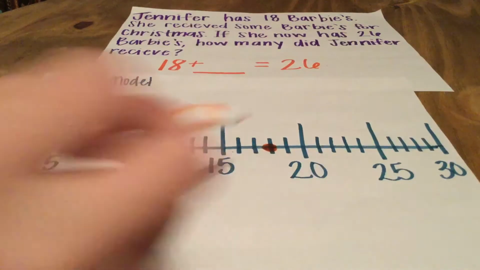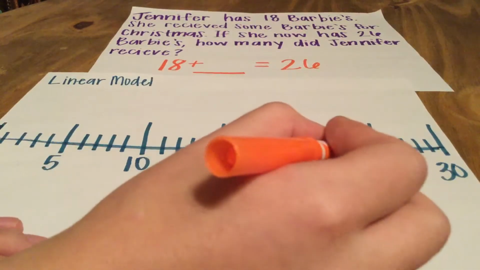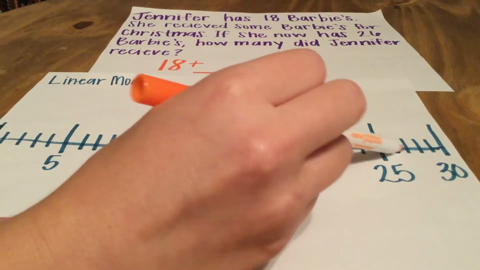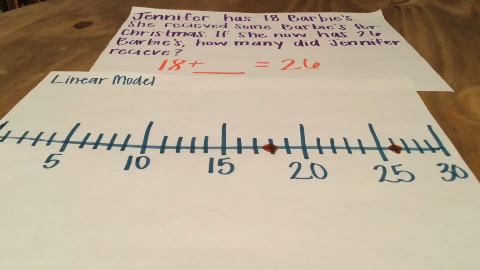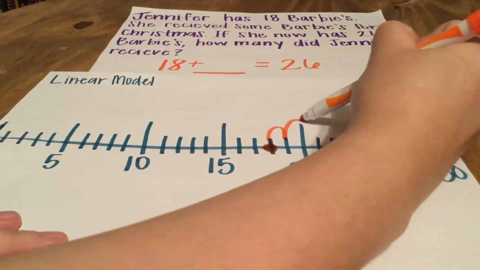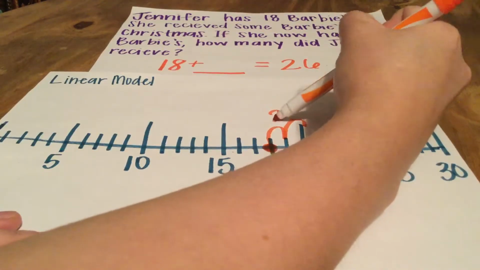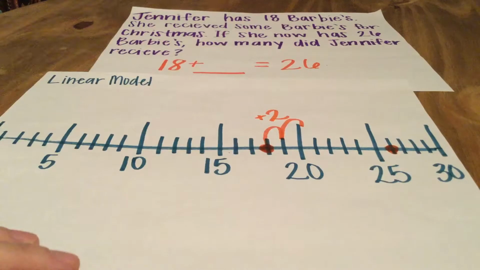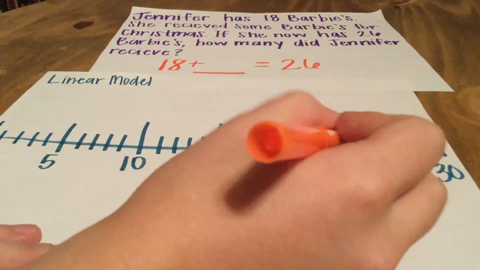And we know that we need to get to 26. So here's 25, and we need to get here to 26. So first, what I'm going to do is add 2. I'm going to jump. 1, 2. So I'm going to add 2 right there. Then, since we still have to get all the way to 26, we have a huge gap of 5.